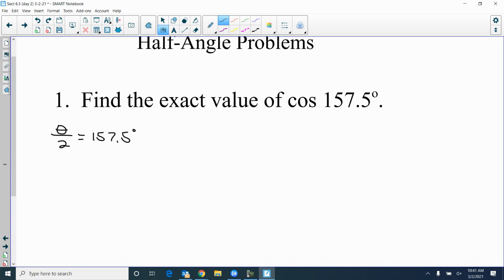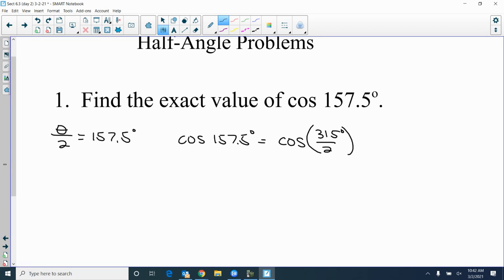All right, that's the angle that we're going to use. So now what I can say is that the cosine of 157.5 degrees is the same as the cosine of 315 divided by 2. That allows me to use that half angle formula.